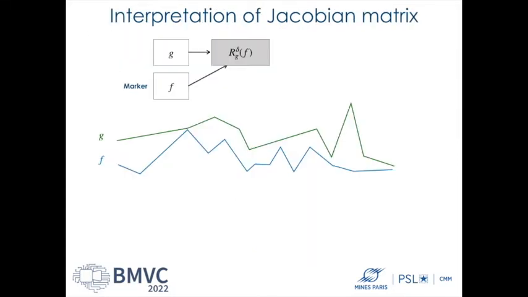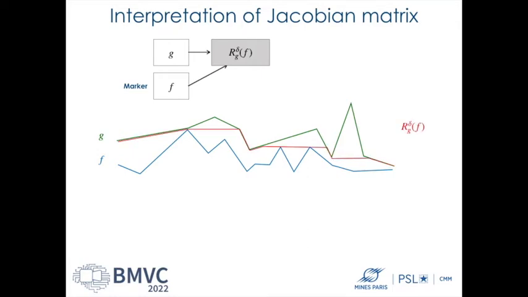The first motivation of this paper was to understand how the gradient flows through this geodesic transformation, and for that we studied its Jacobian matrix. In the example that we show to illustrate our findings, we use a 1D representation, but as I said before, the interpretation is similar in 2D or 3D images.